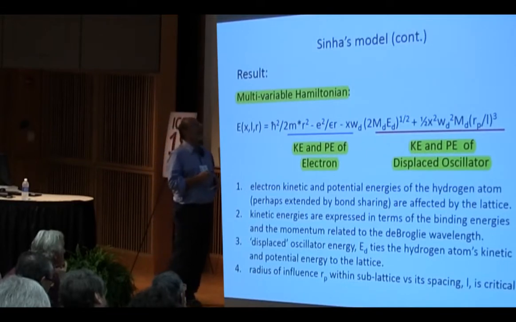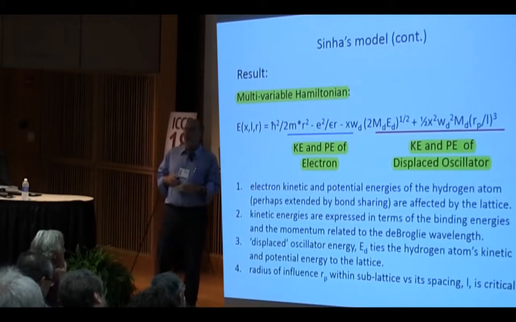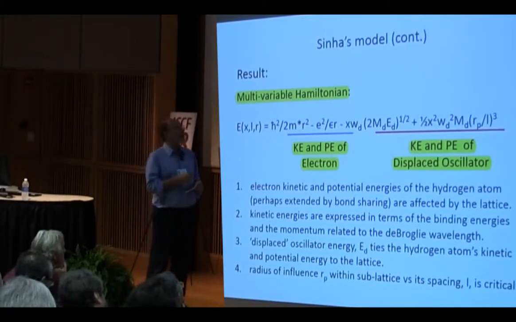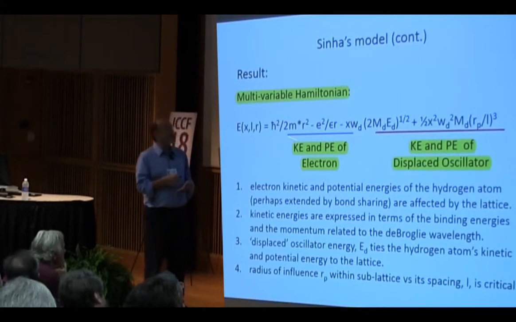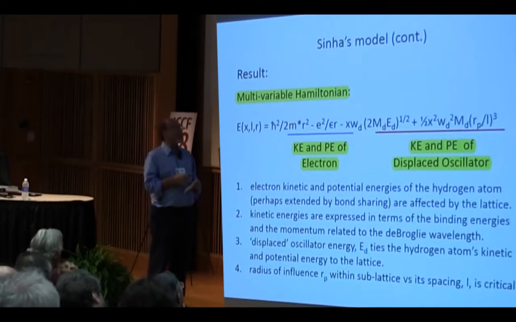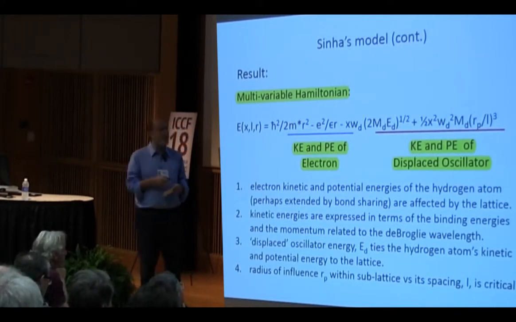Okay, so the Hagelstein model came up then with this multivariable Hamiltonian. This is very similar to what Peter was talking about, except that it does not include the relativistic effects. The extended lattice model does include the relativistic effects. But basically, you have the kinetic and potential energy of the electron, its relationship with the lattice.